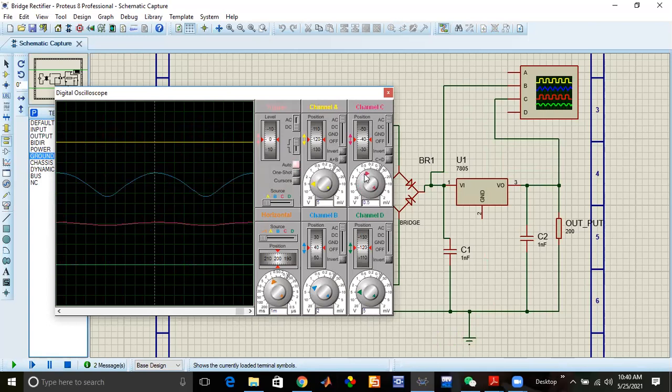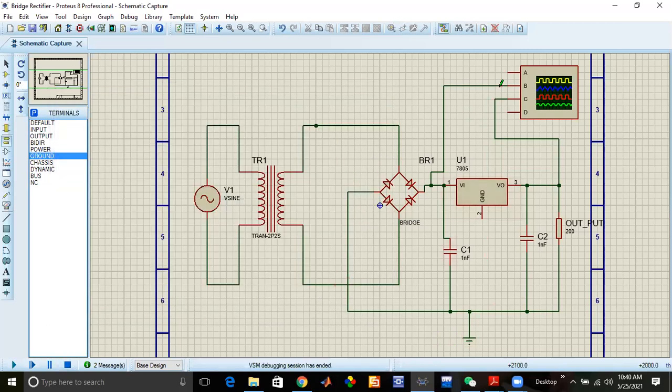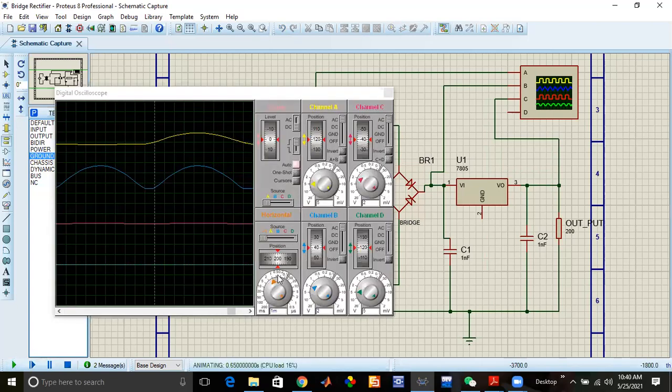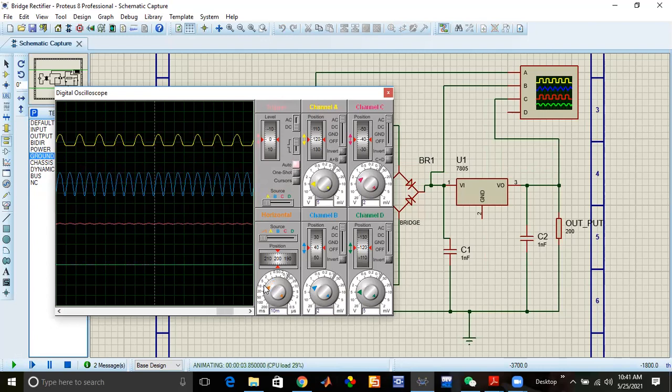You see this is approximately constant. This is due to ground.